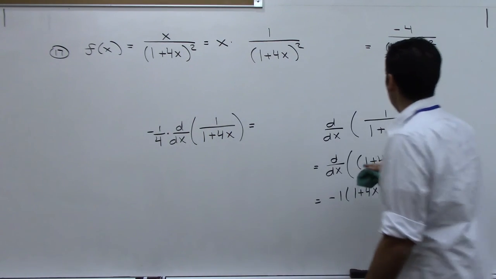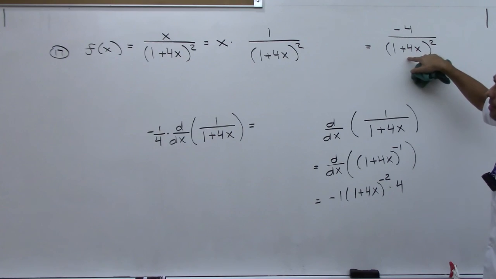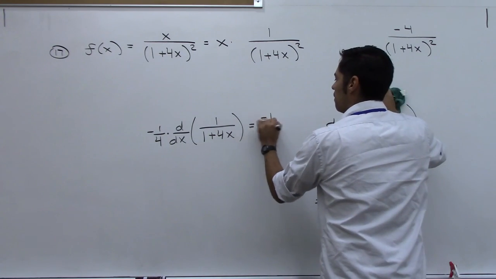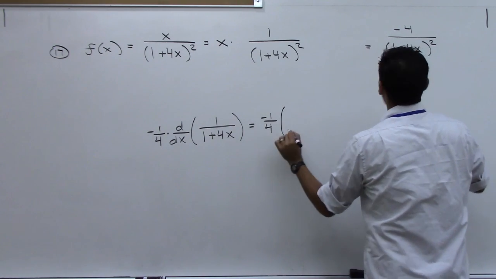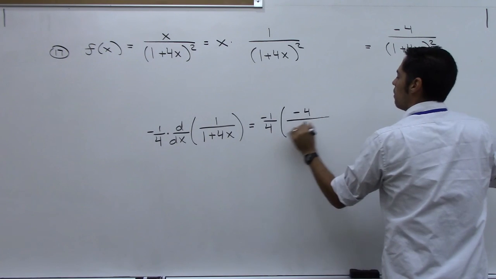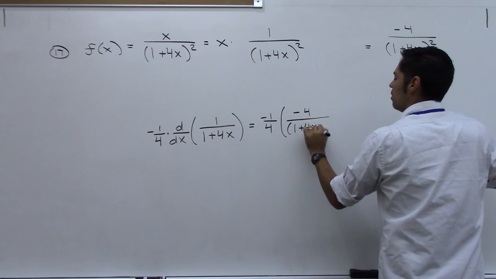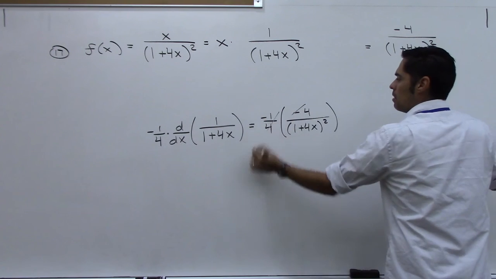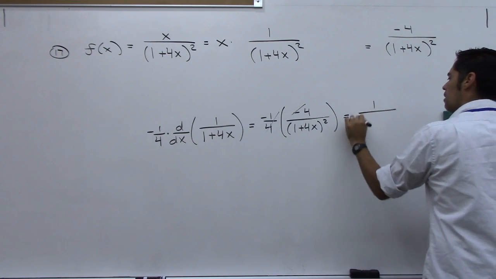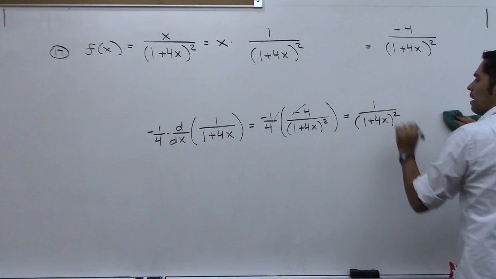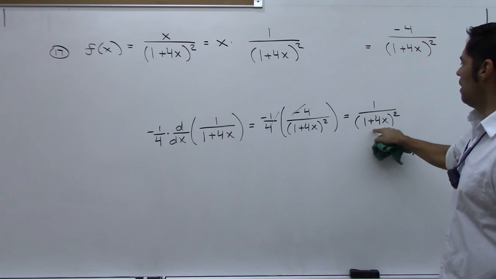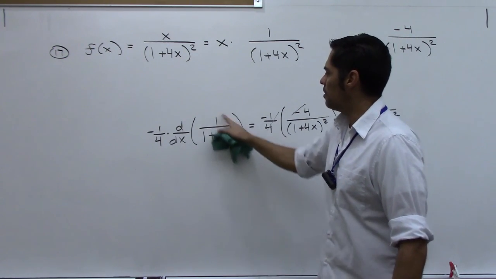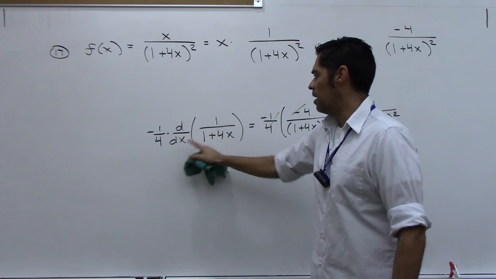That will be equal to, so here's the derivative of this is this, and I'm putting a negative 1/4 in front of it intentionally because I know that that's going to turn out to be negative 4 over 1 plus 4x squared, and then these go away and you're left with 1 over 1 plus 4x squared. All right, this is a good thing. This right here is this. I can rewrite this as a power series, and I can differentiate a power series.